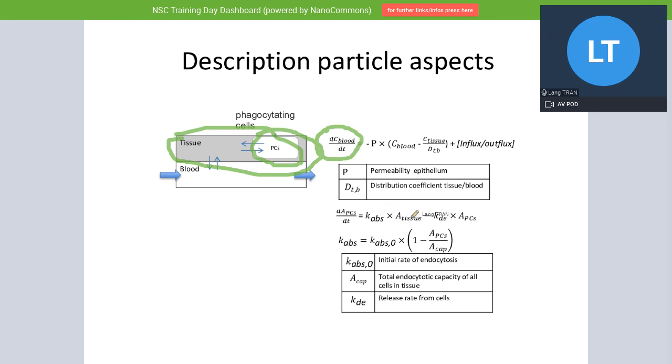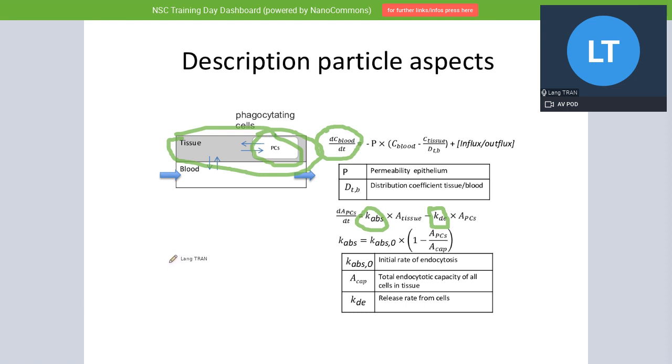So in all these equations, you say the rate of change is always equal to what goes in minus what goes out, okay? And of course, to describe the rate of what goes in and the rate of what goes out, you have different parameters. Now, in an ideal world, you would know all these parameters, and you just plug the number in and you are able to run them.